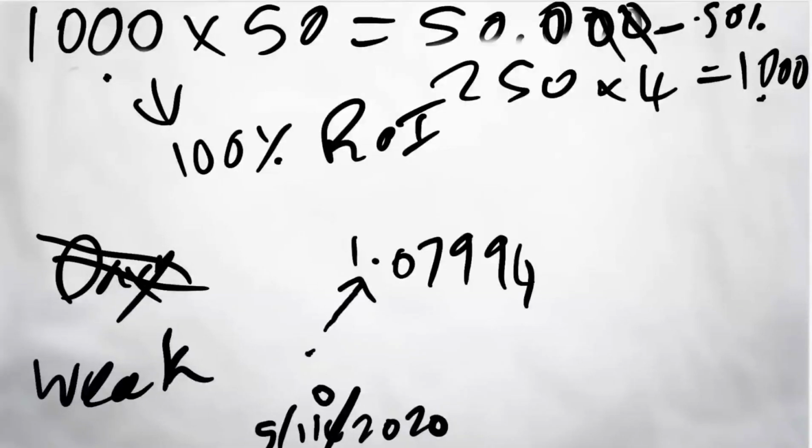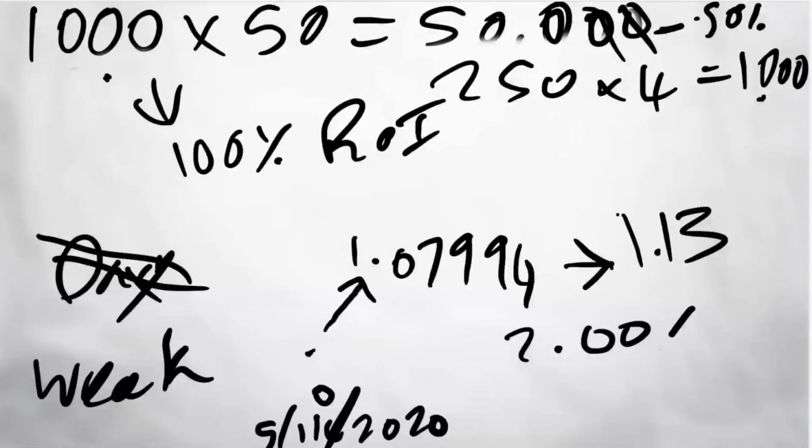That right there would have been a move of over 2%, roughly. If it moves back up to where it was at the start of the week, which was 113, that would have been a move of over 2%.